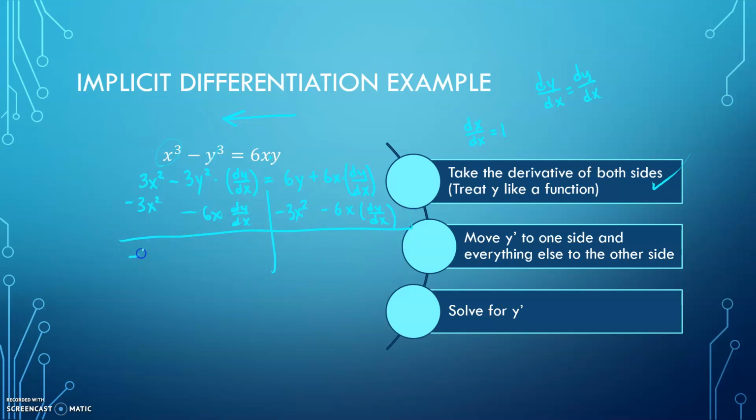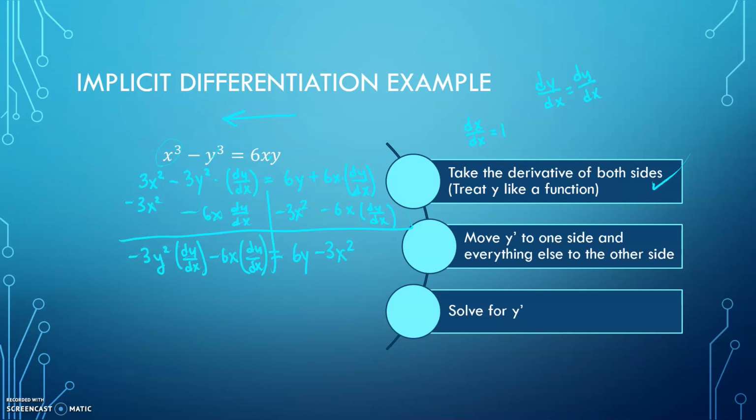So this would be -3y squared times dy/dx. If you want to write y prime, you may. For some reason, I always write dy/dx. It's sort of a habit for me. Also y prime looks like y to the first power, so that's the other reason I do it.